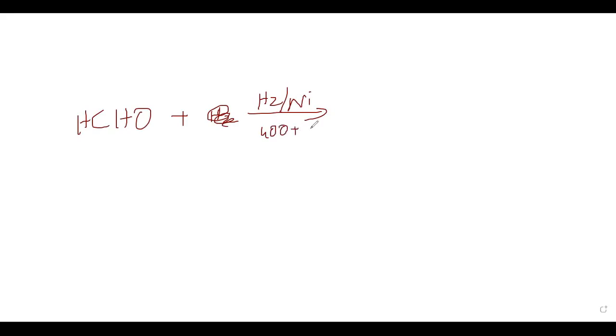Some 400 plus Kelvin. At this temperature, you have a conversion of formaldehyde to methanol. Again, there will be a confusion, so better take it this way: CH3OH, methanol is prepared. This is method number 1. What is the second one?